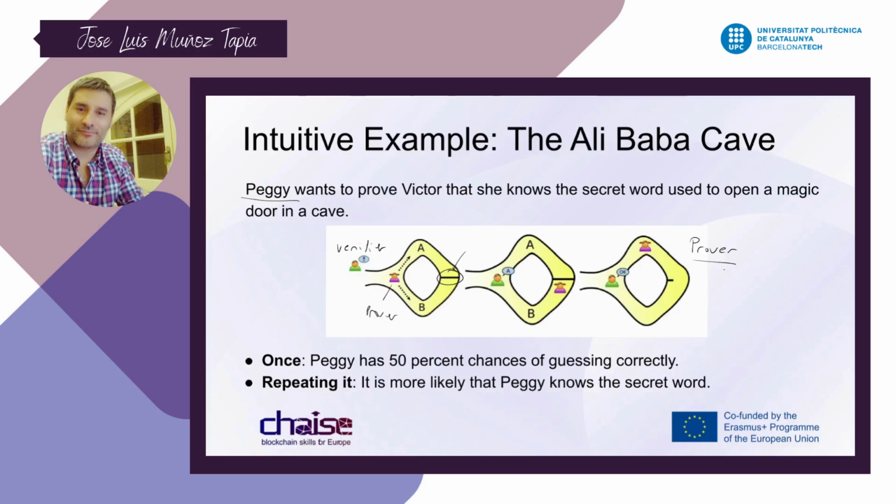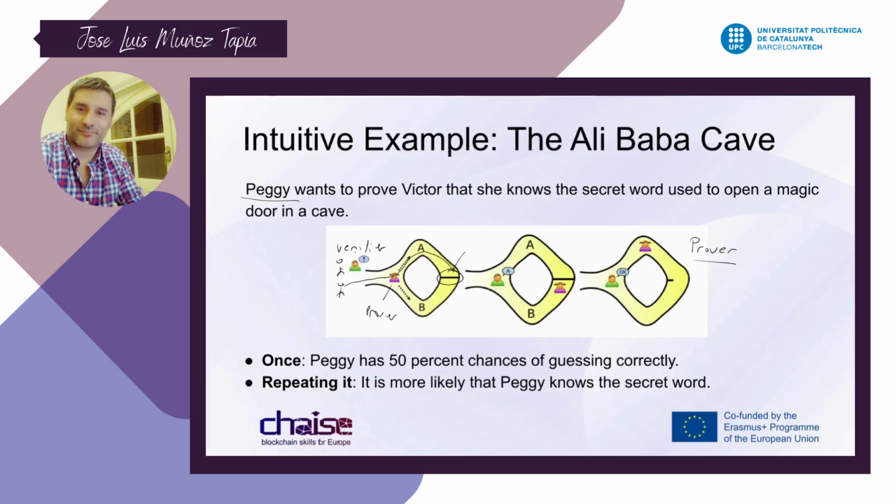And how do we prove this with zero knowledge? Well, the prover and the verifier both start here. Let me draw the verifier and the prover, and then the prover enters the cave and decides where to go, up or down. Maybe she goes up.